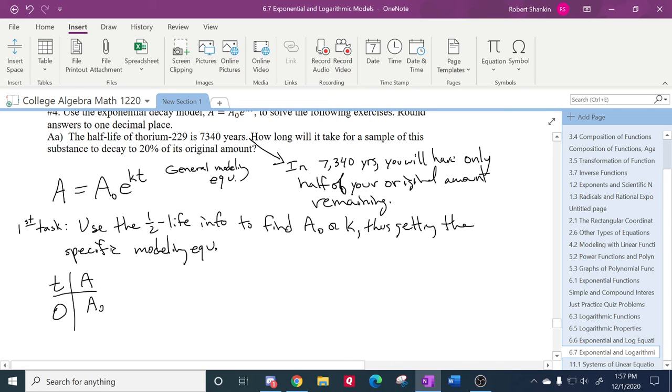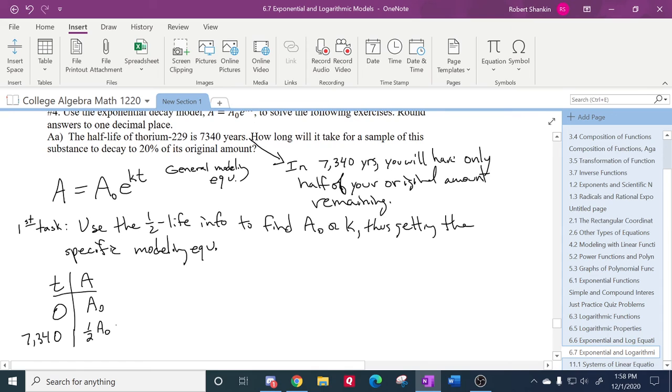We don't know what a0 is. But we have a variable for it, or a constant for it, which is called a0. When t is 7,340 years, we are going to get 1/2 of the original amount.